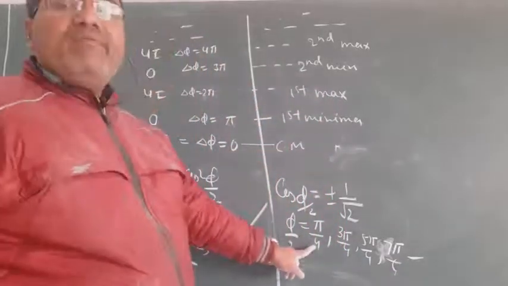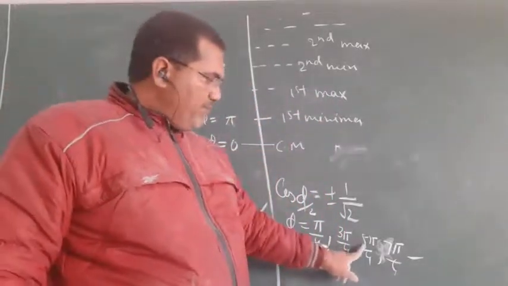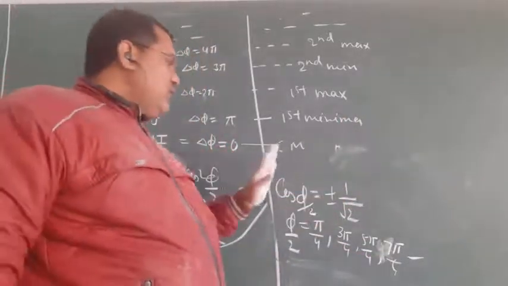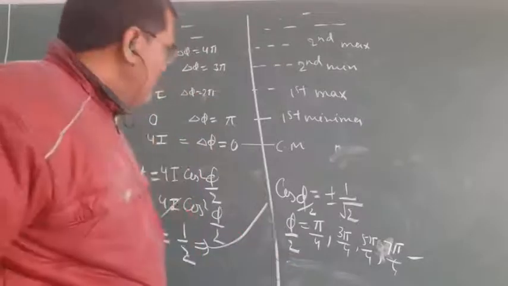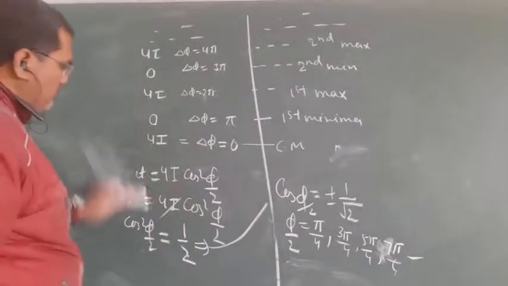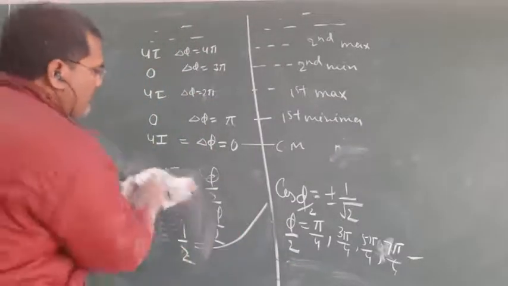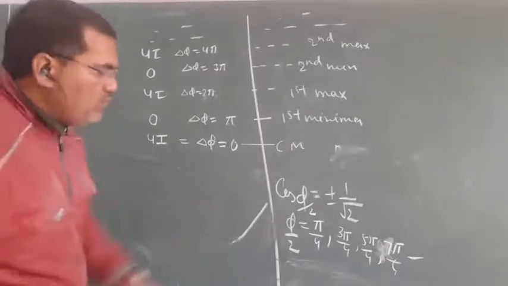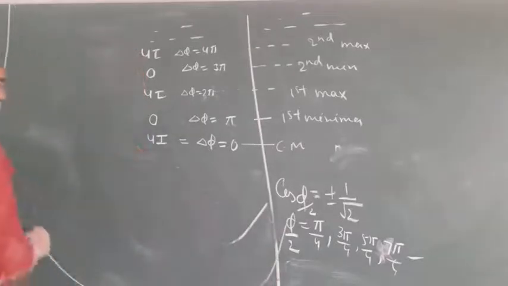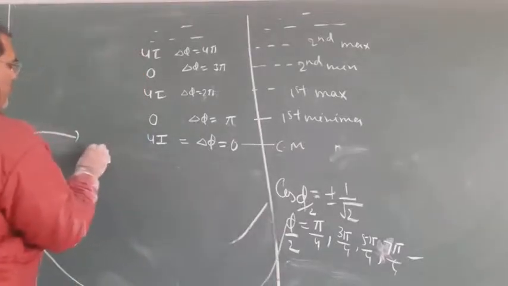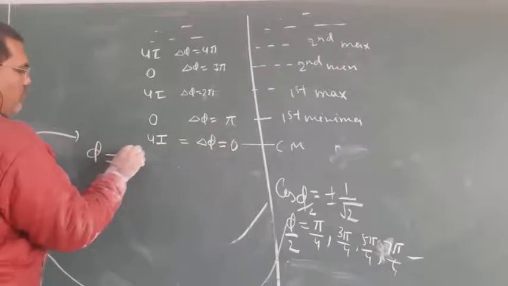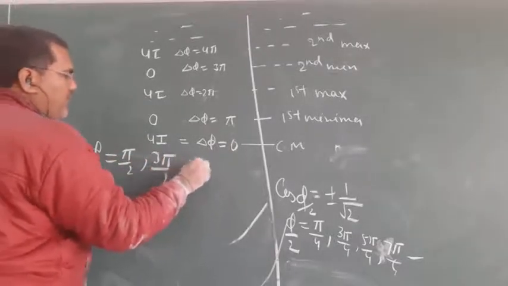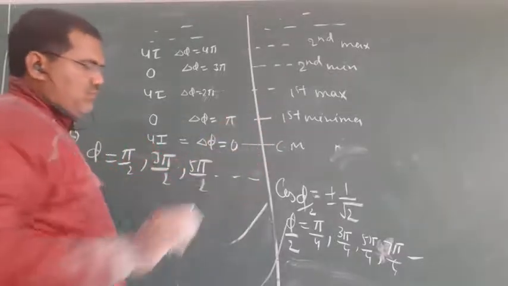Phi by 2 equal to pi by 4, 3 pi by 4, 5 pi by 4, 7 pi by 4, and so on. There are many solutions for 1 by root 2. So phi equal to pi by 2, 3 pi by 2, 5 pi by 2, and so on.